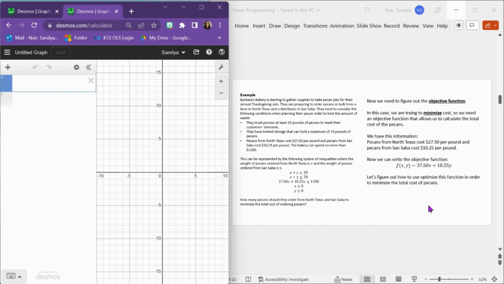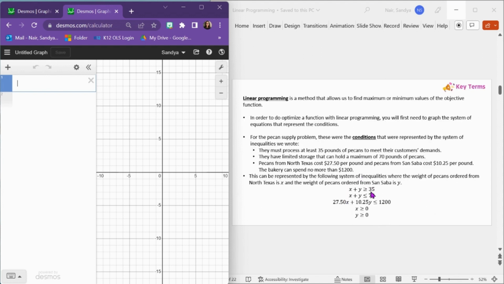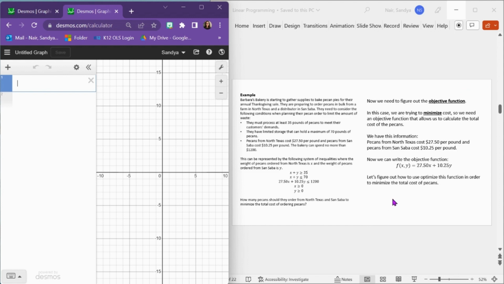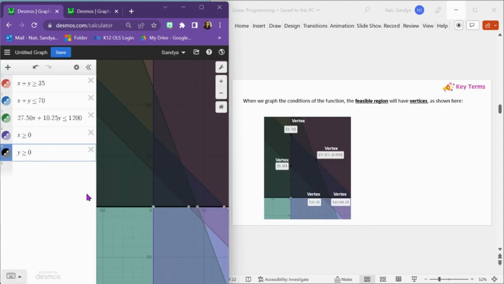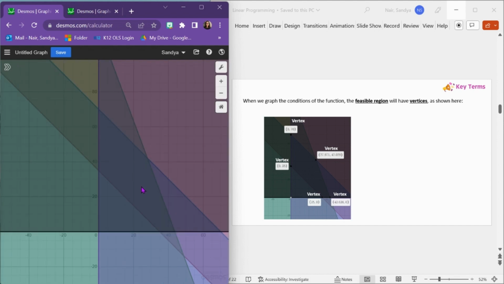Now we need to figure out how we can optimize this function in order to minimize the total cost of pecans. I can take those conditions I outlined in the system of inequalities and graph them in Desmos. When I graph them in Desmos, as I've done here, you can see that we have this feasible region where all of the shading overlaps.